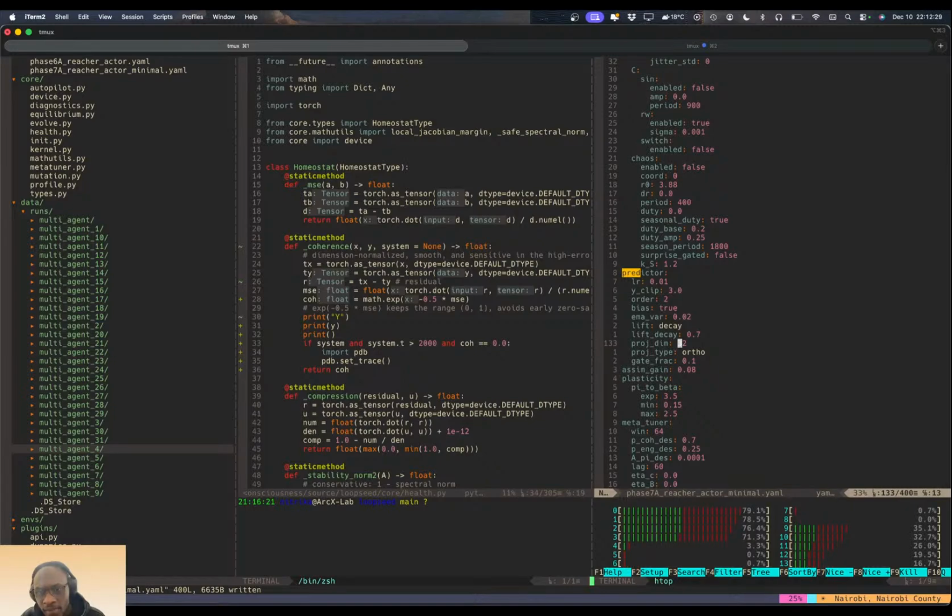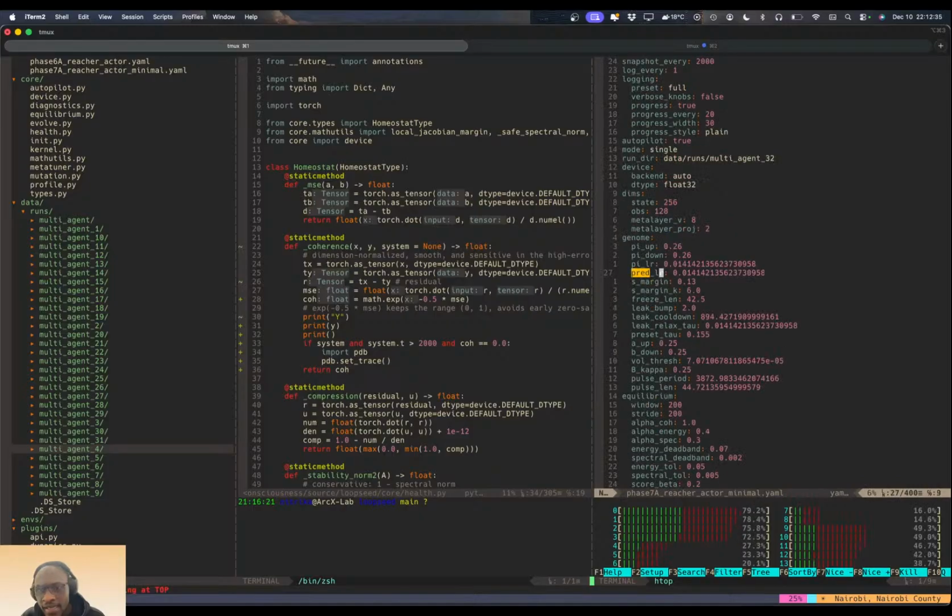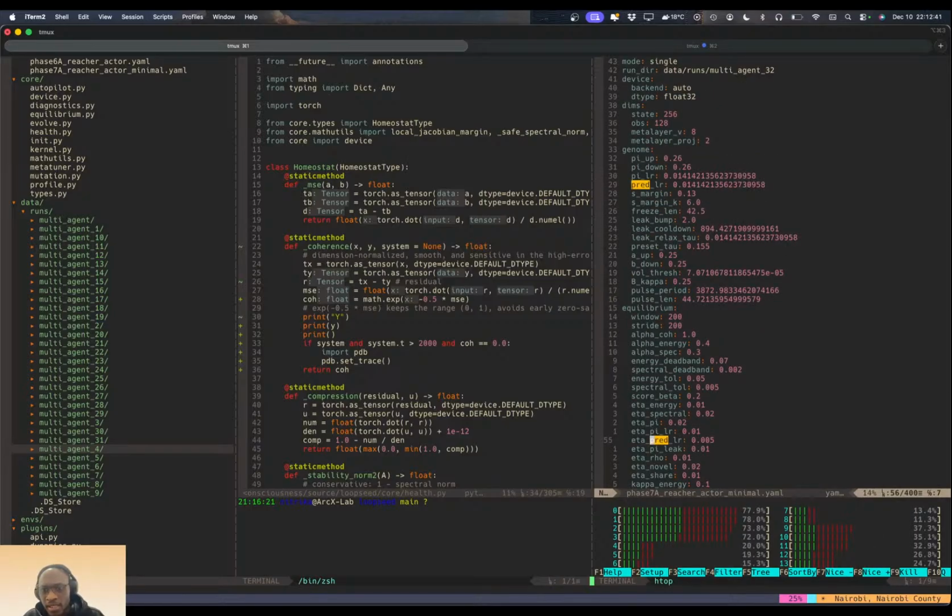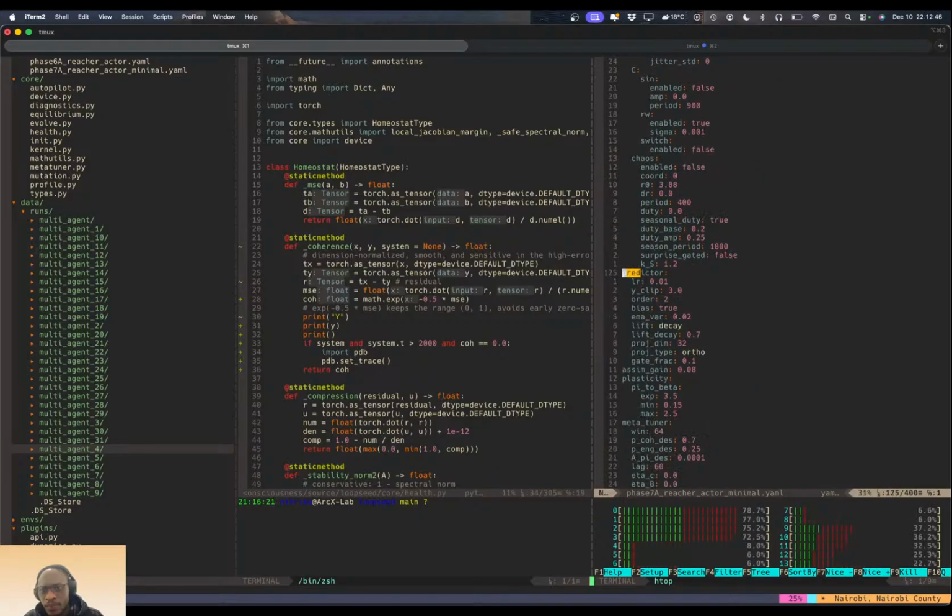Nope, no change there. Anything else? Prediction learning rate in the genome. Okay, the genome is just fine. I don't think we need to change anything there.